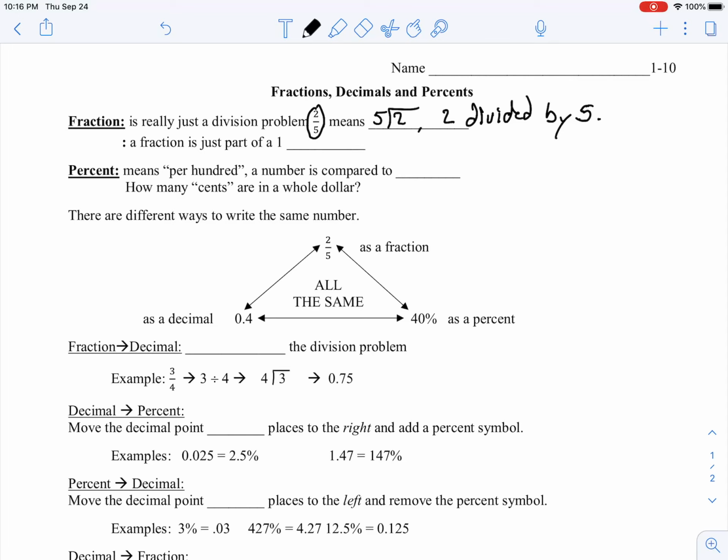If we do that division here real quick, well, 5 goes into 2 0 times, so we just add a decimal. And 5 goes into this 20 here 4 times. So this is 0.4 as a decimal.